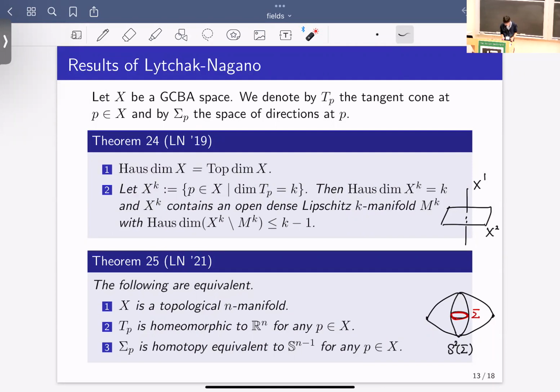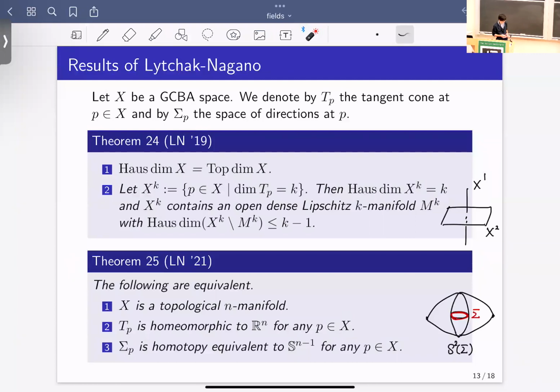Then the Hausdorff dimension of Xk is k, and Xk contains an open dense Lipschitz manifold with codimension at least 1. So the local dimension may not be constant, but each k-dimensional part of X contains an open dense Lipschitz manifold.